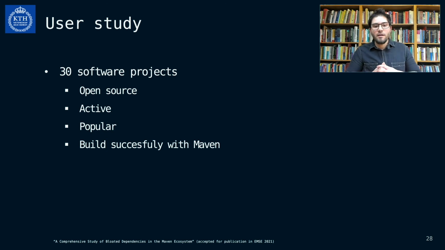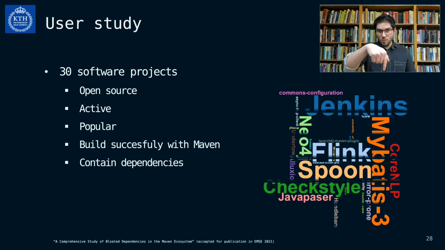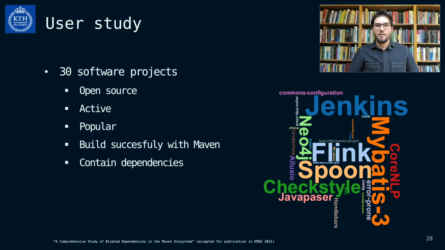They are built with Maven and contain dependencies. This workload shows the selected projects. Many of them are well known by the Java community, such as Jenkins, Flink, Neo4j, or Checkstyle.